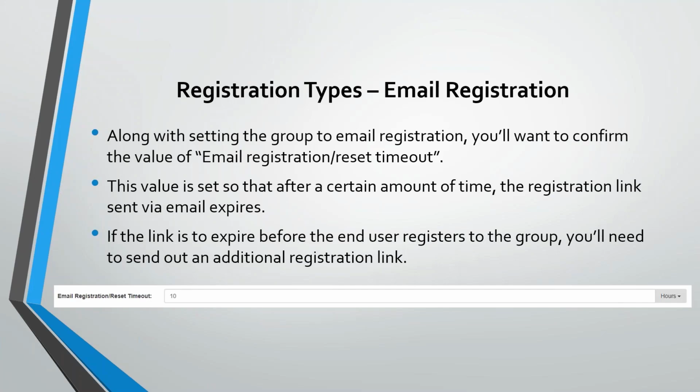Those settings can be found within the group settings part of the admin web, and it's listed as the same: email registration, reset timeout, and you put in the specific time that you want, the numbers, anything 1 to whatever, and you specify hours, minutes, so on and so forth.